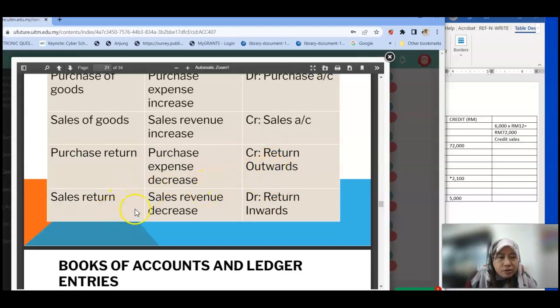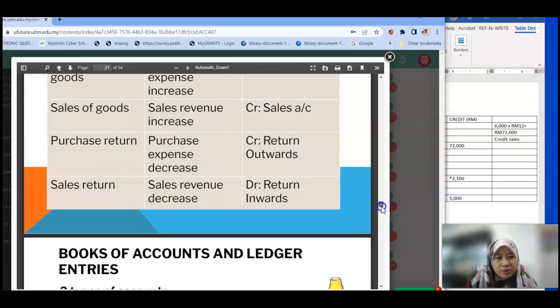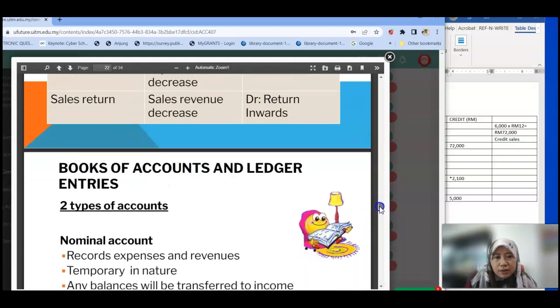In the opposite situation, if the customer comes to purchase goods, this is sales to the customer. However, if the customer finds out that the goods are not in good condition, the customer can return them to the business. So this is return inwards or sales return. Return inwards will always be debited. This is the opposite: we have debit return inwards, and in the different situation, credit return outwards.